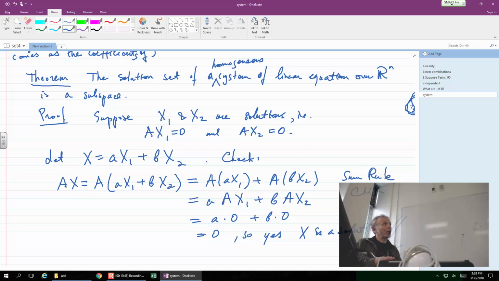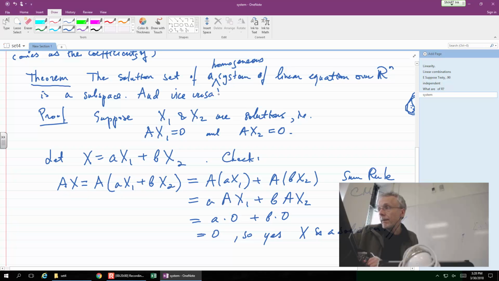They are also all possible solutions to homogeneous systems of linear equations. I also want to emphasize for later that in a sense it's the same thing. The solution set is a subspace, but vice versa, every subspace is a solution set to some system of linear equations.